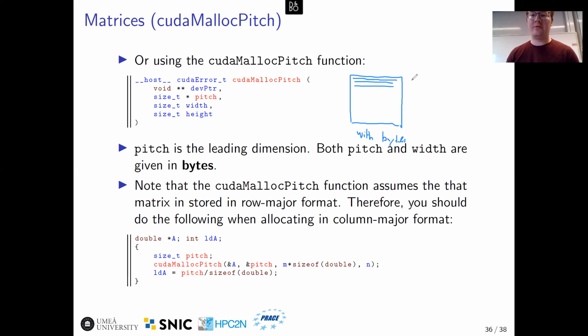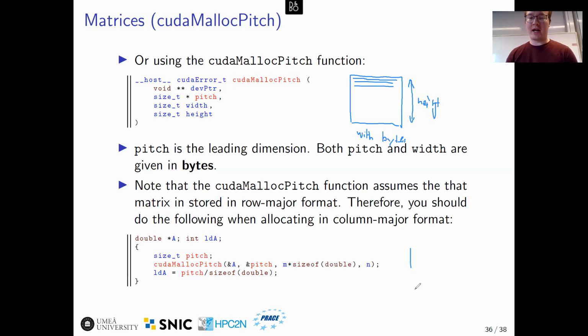And here we have the height, which is the number of rows in the shared terminology, and that is given with the number of elements.